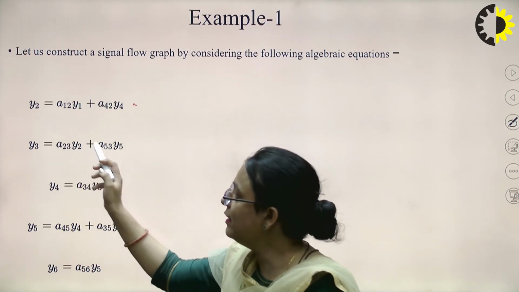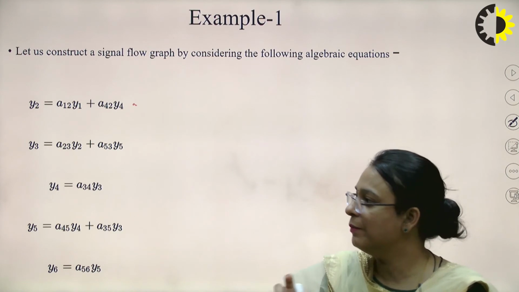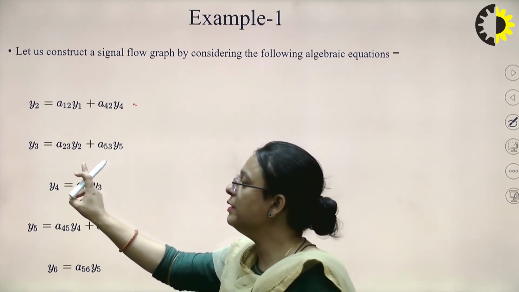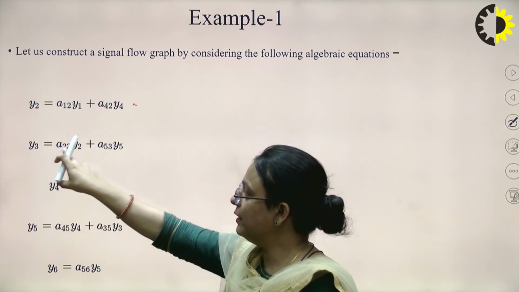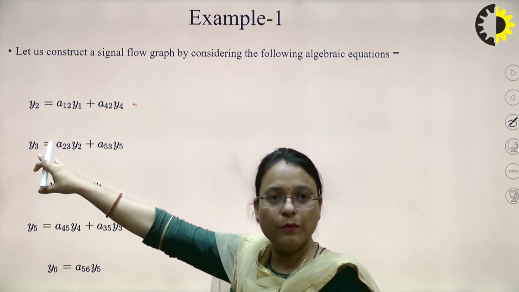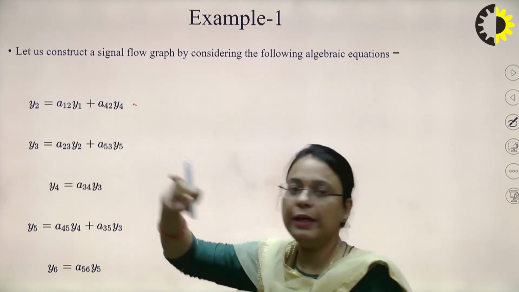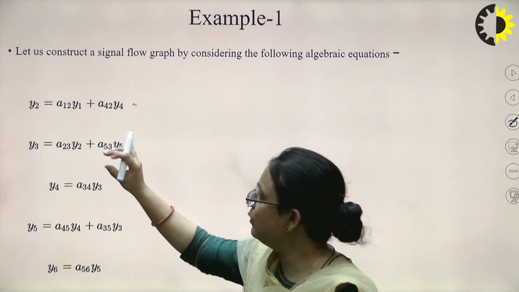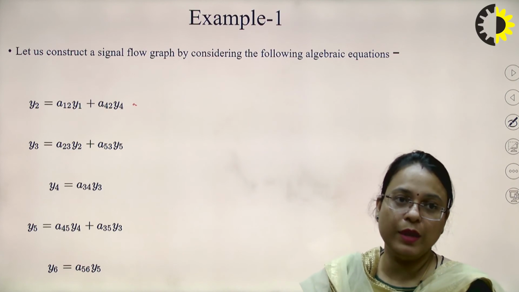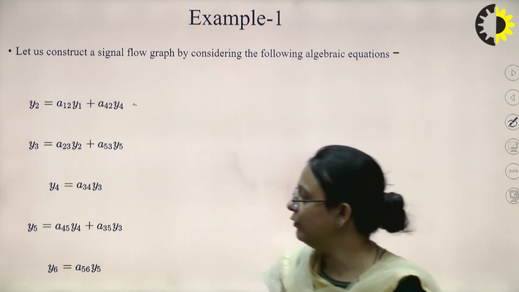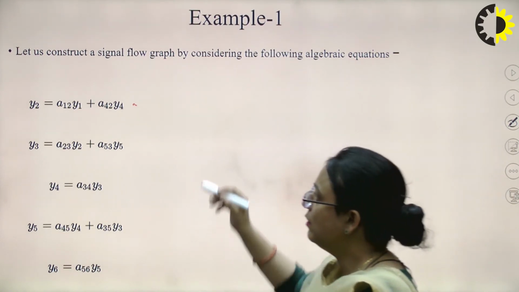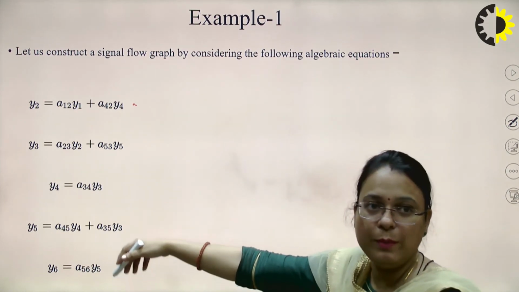Similarly, y3 is dependent upon the two variables y2 and y5, right? y2 is the node which is coming towards the y3 node with gain a23, and y5 is a signal which is coming to y3 with gain a53. Similarly for all. Now let's make these nodes one by one.